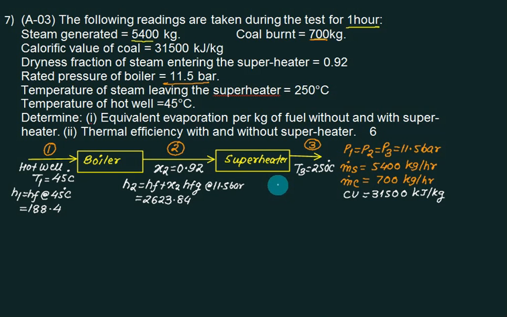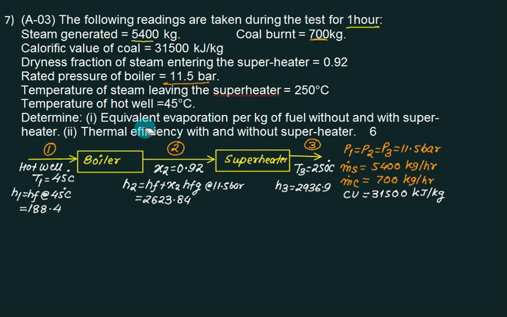The point number 3 is superheated, so use table number 3, 11.5 bar and 250. So we want 11.5 and 250. So what you do, take the mean of these, add them and divide by 2. Write down that value here.